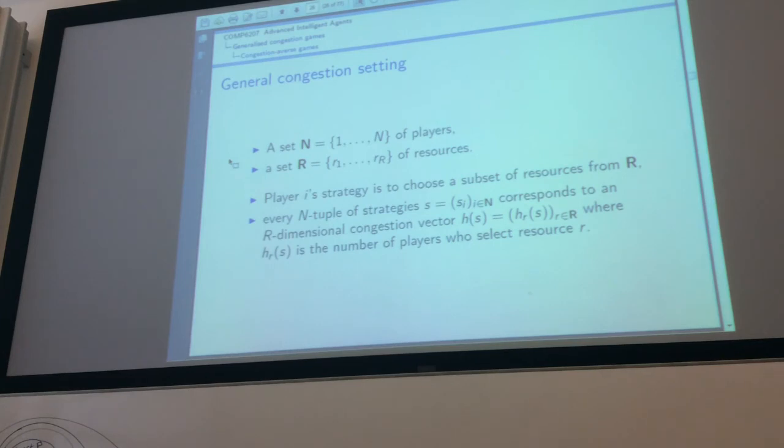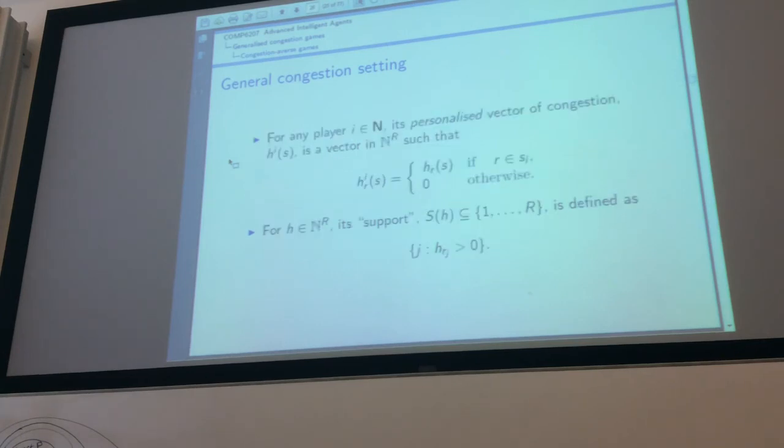That's all as before. Now, when I have a congestion vector, I can look at a particular player and construct what is called the personalized vector of congestion. It is the same vector of congestion, with the same congestion on the resources that our agent uses, and it will be 0 on the others.